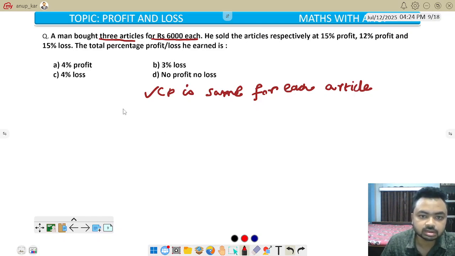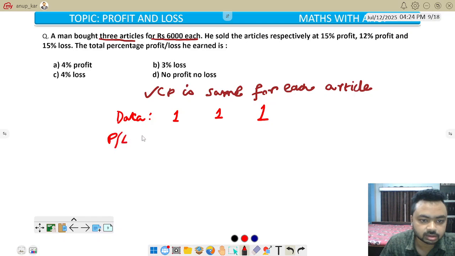We will consider the data as 1, 1, 1, and profit or loss for the first article is plus 15%.